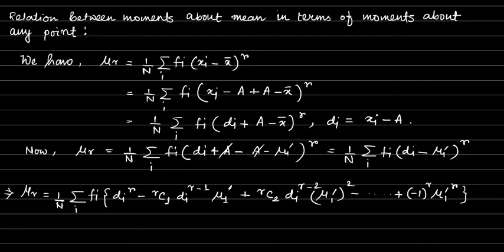So we have expanded (d_i minus mu1 dash) whole to the power r in terms of binomial.